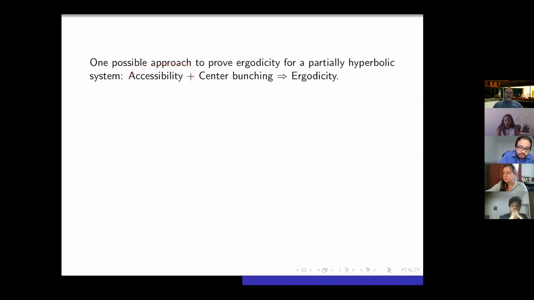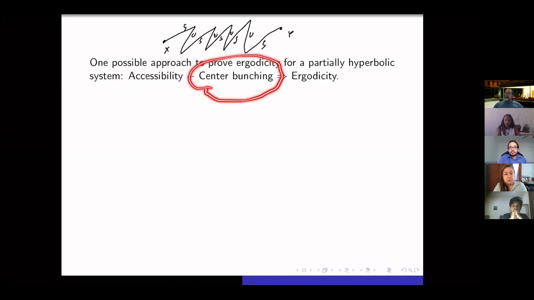Accessibility means that for any two points in your manifold, you could connect them by a path which is a concatenation of stable and unstable manifolds, and with another condition called center bunching, which I didn't define and I'm not going to define now, you could conclude ergodicity.